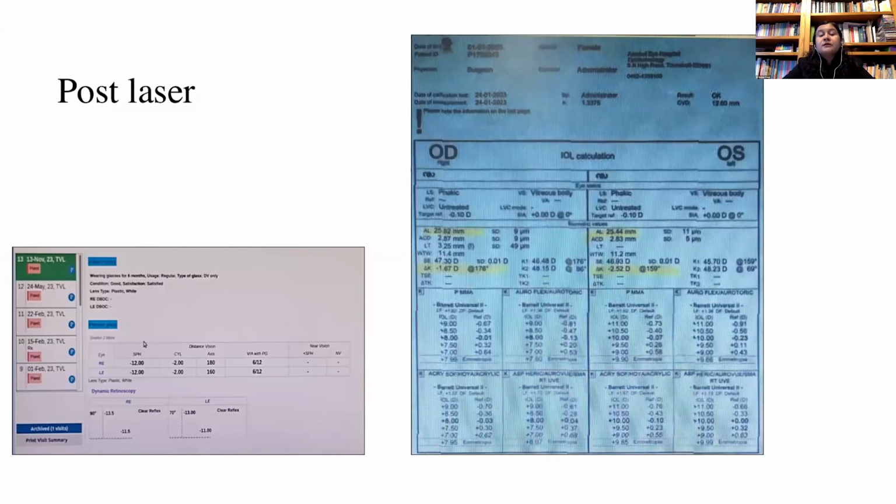In Indian eyes, myopia of minus 12 should correspond to an axial length of 27 to 28 millimeter. And anterior chamber depth is also very shallow compared to high myopia. It is 2.57 in the right eye and 2.83 in the left eye.